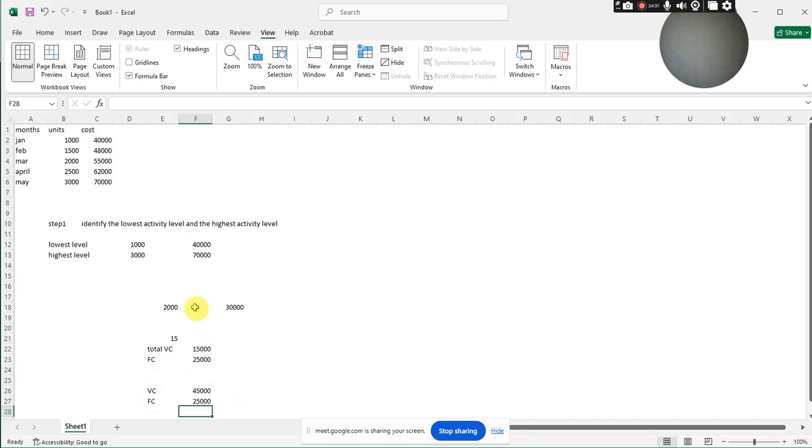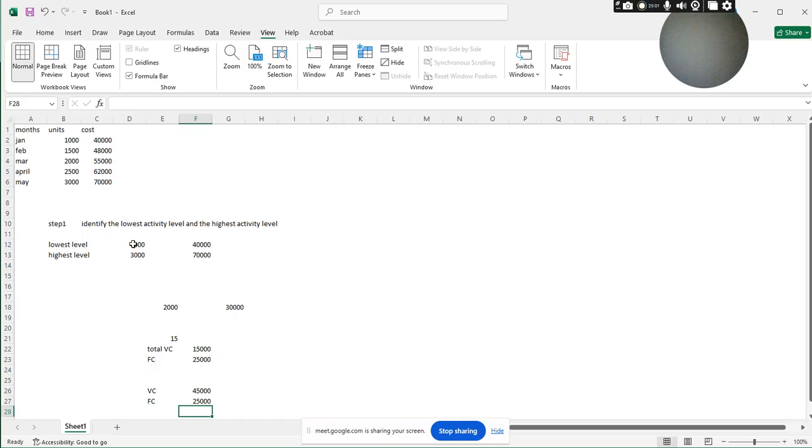Now, what we did here, our variable cost per unit is 15 naira, right? Are you following now? Yes, sir, it's 15 naira per unit. Now to get our total variable cost, you have to multiply this 15 naira by the number of units.